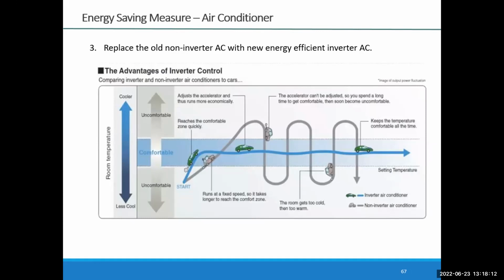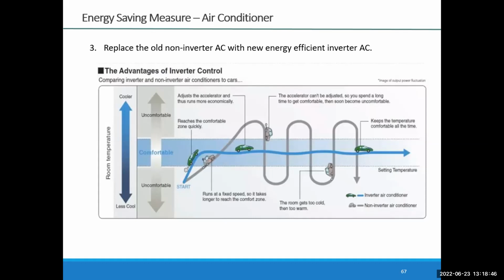Whereas the inverter driven air conditioning unit, with respect to the set temperature, will reach up to one speed and smoothly operate in that range to give the temperature, say plus or minus 1 degree with respect to the set point. So inverter air conditioning units are energy efficient by technology itself, and also by means of operation, operating at optimum speed.